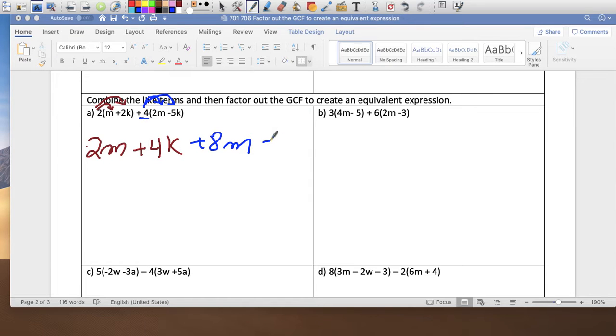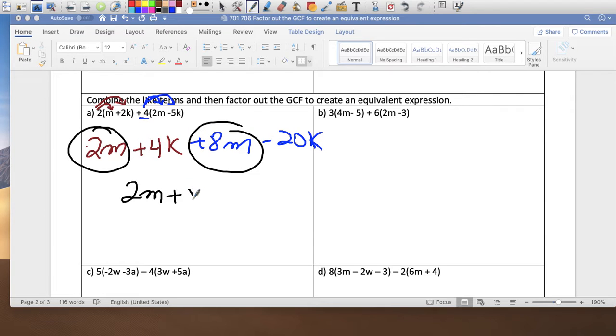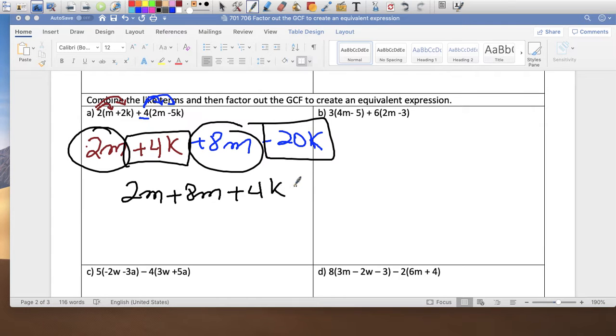Positive times a negative is a negative 20k. Can I combine like terms? I can. I can combine this guy with this guy, 2m plus 8m. And the other 2 here I can combine as well, 4k minus 20k. These 2 give me 10m. And these 2 give me negative 16k.